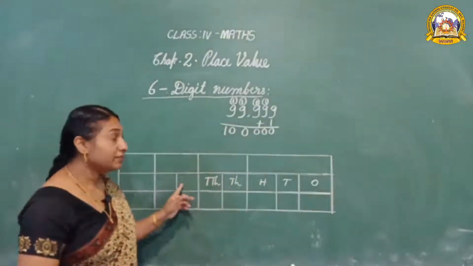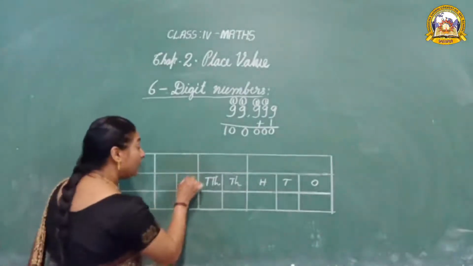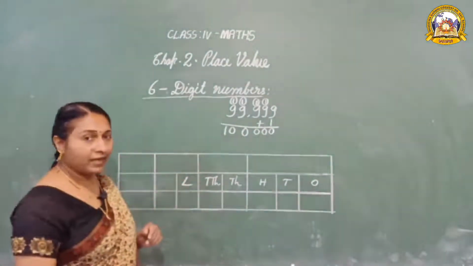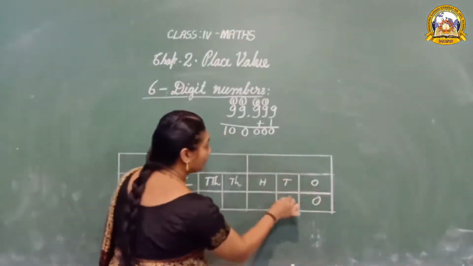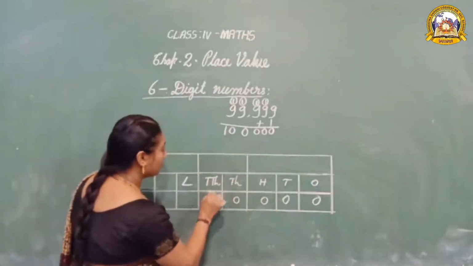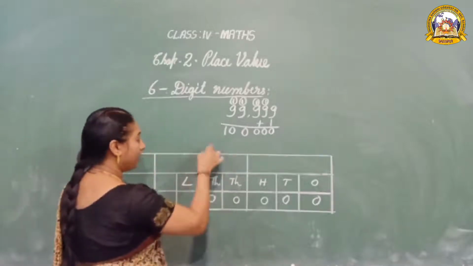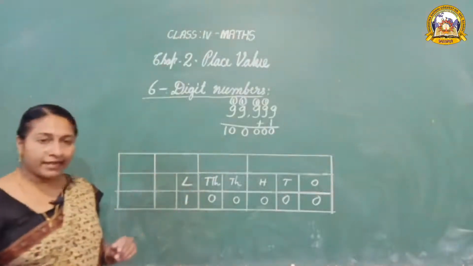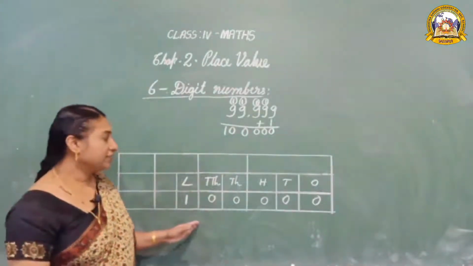Then we have reached lakh. Arrange the digits: 0 ones, 0 tens, 0 hundreds, 0 thousands, 0 ten thousands and 1 lakh. Did you get it?